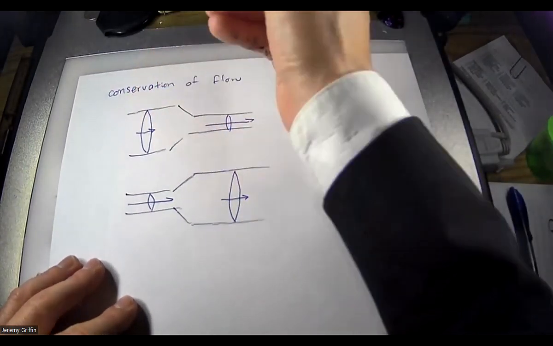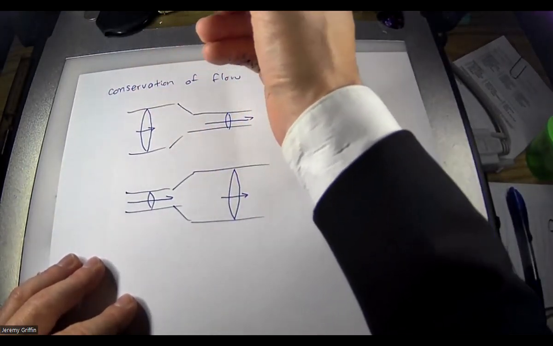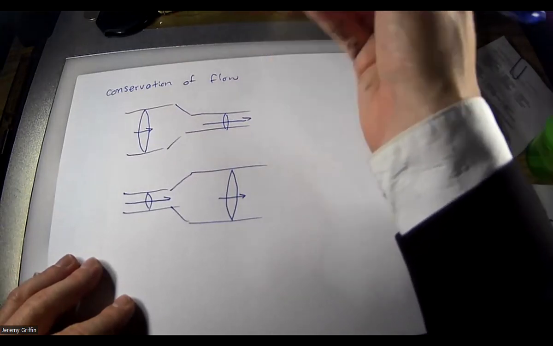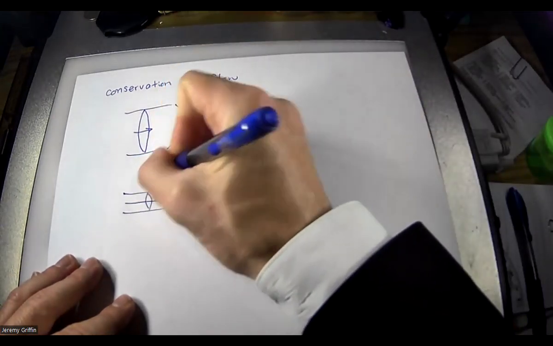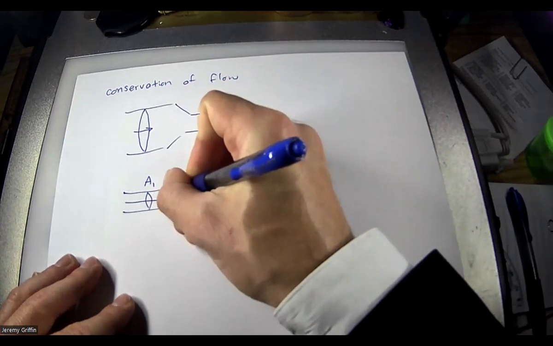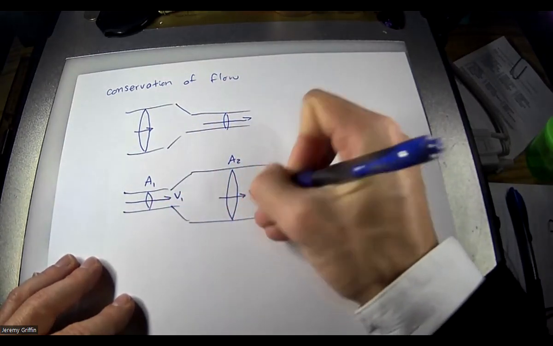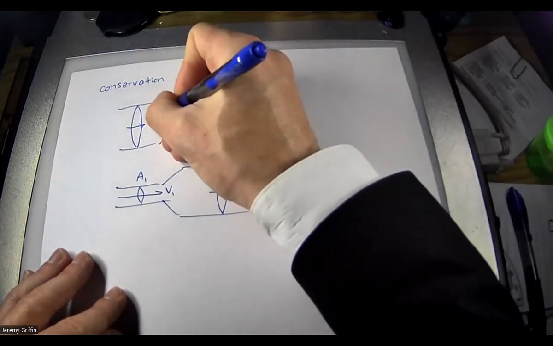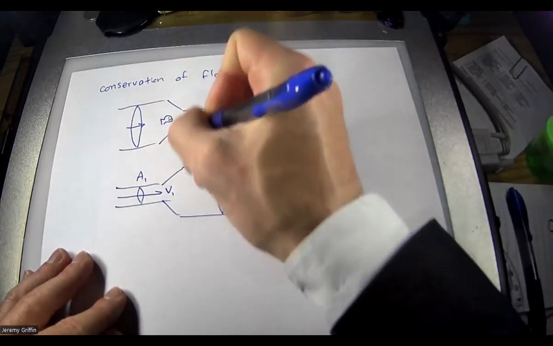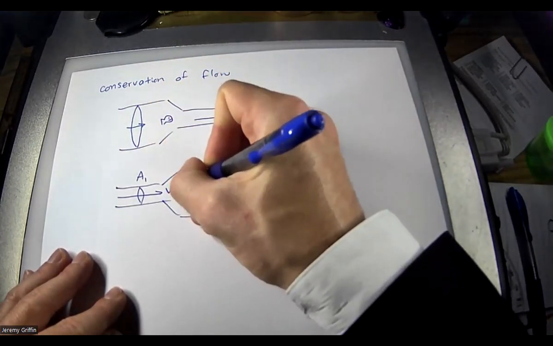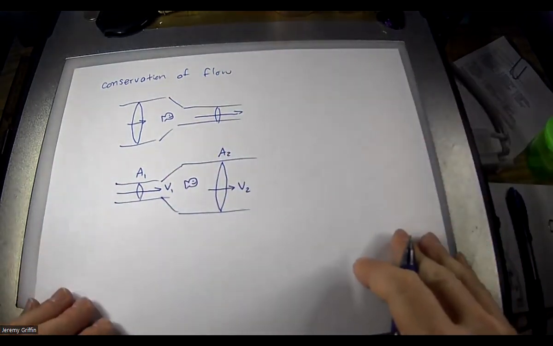Let's call this area 1 and area 2, and speed 1 and speed 2. I also have a little fish swimming around inside this pipe system.